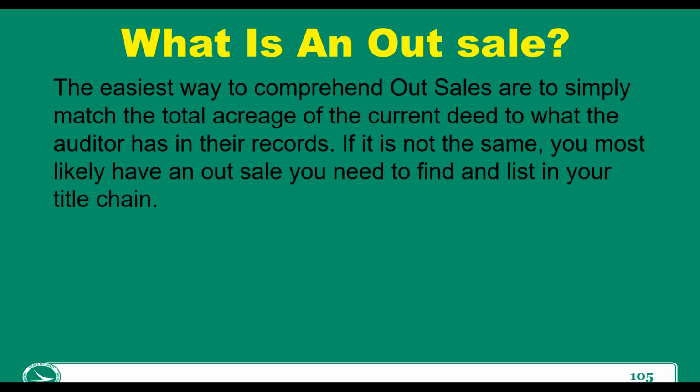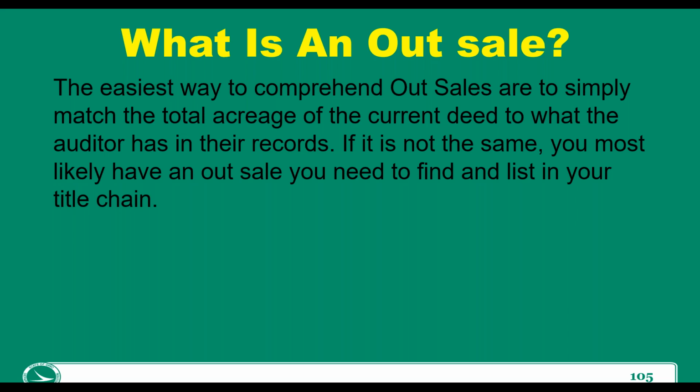The easiest way to comprehend outsales is to simply match the total acreage of the current deed to what the auditor has in their records. If it's not the same, you most likely have an outsale. You need to go find it and list it in your chain. And we'll show in a few minutes where to put it in your chain.